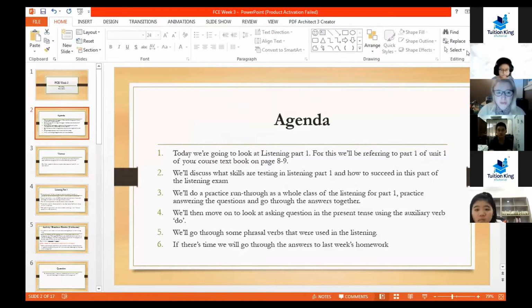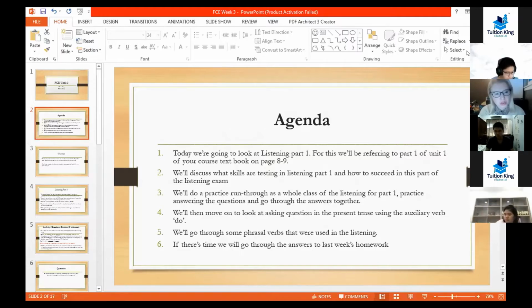Okay, so our agenda for today, we're going to be looking at the listening for part 1 of the exam, so listening part 1 specifically. And for this, we'll be referring to your course textbook, which I know that you all have, as part 1 of Unit 1. So we're still doing Unit 1, and the pages that we'll be referring to today, pages 8 and 9. And during our lesson, we will look at what skills are being tested by the listening part 1 of the FCE exam.